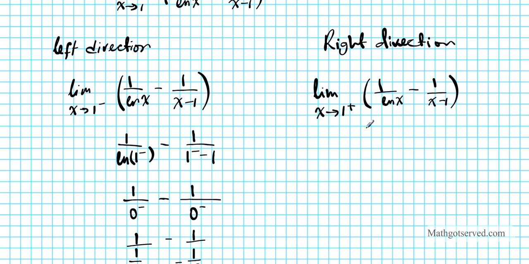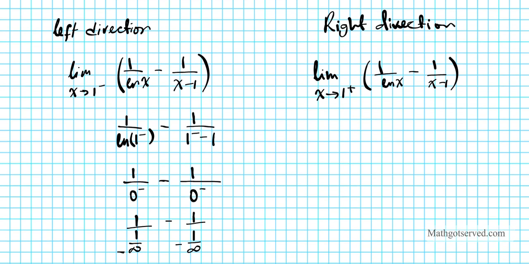This represents a number that's really close to 1 from the right, like 1.0001. We're going to plug that in here: 1 over the natural logarithm of 1 from the right, minus 1 over 1 from the right minus 1.